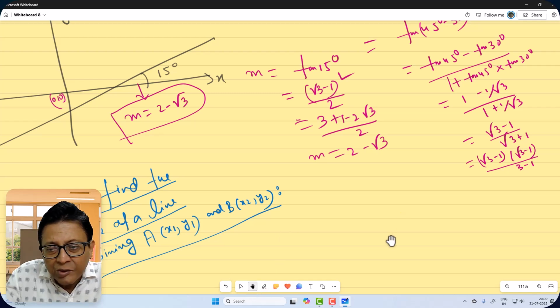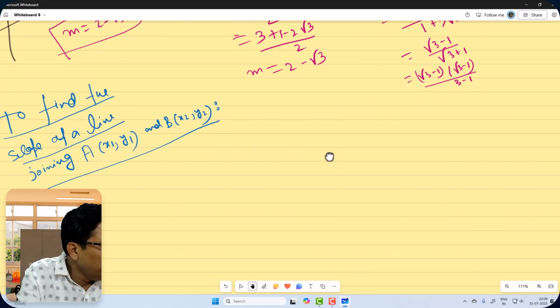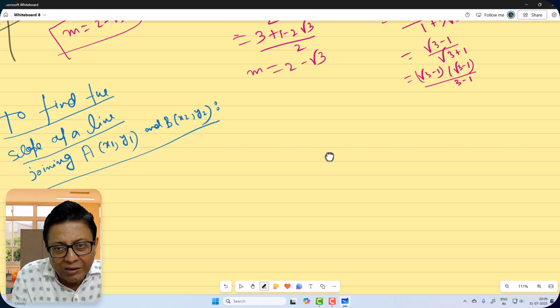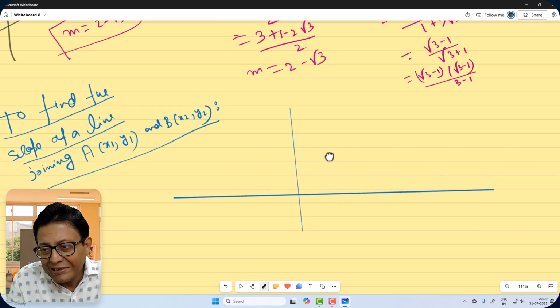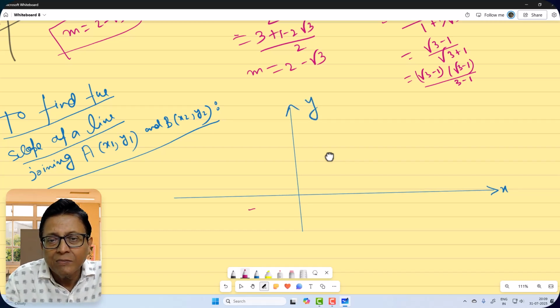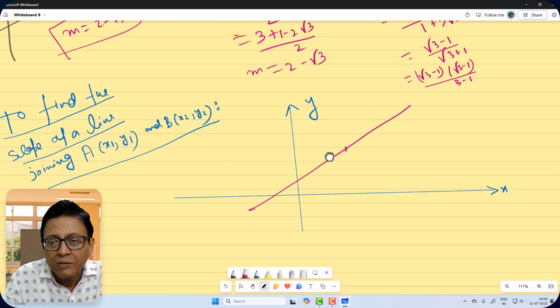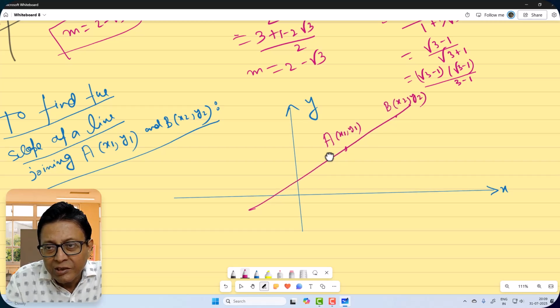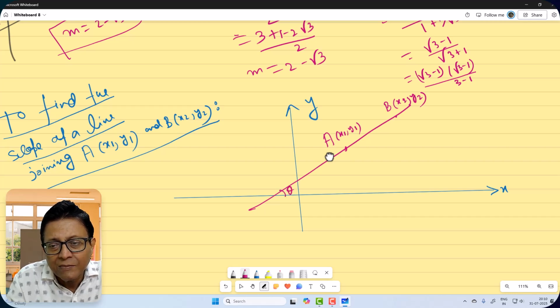Very easy. We'll remember slope of a line as tangent of the angle made by it with positive x-axis. X, y, there is a line passing through these two points A (x1, y1) and B. Your problem is to find the slope of this line, tan theta.